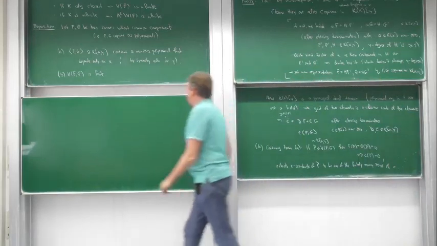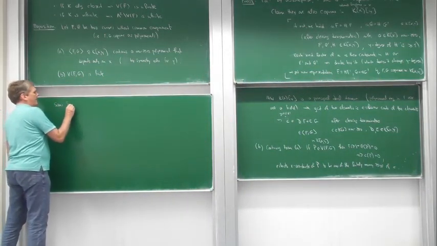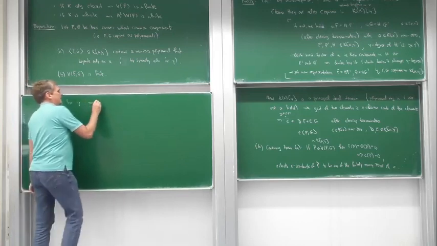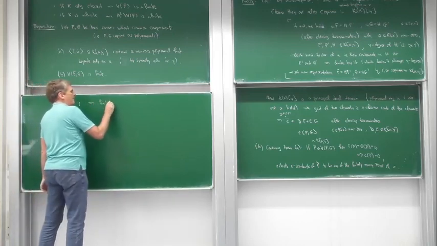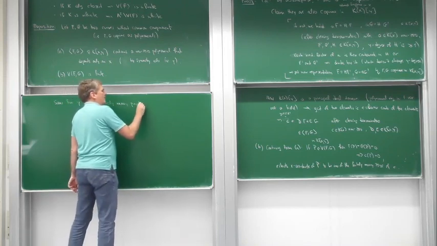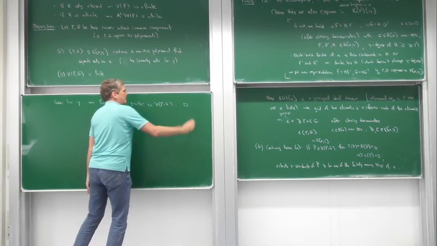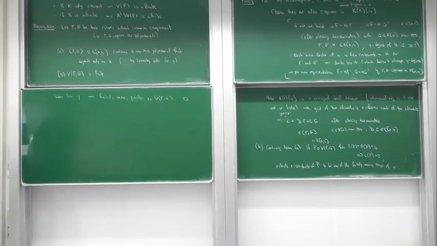But it's the same for y, and we get only finitely many points in the intersection. And that's the second part of the proof.